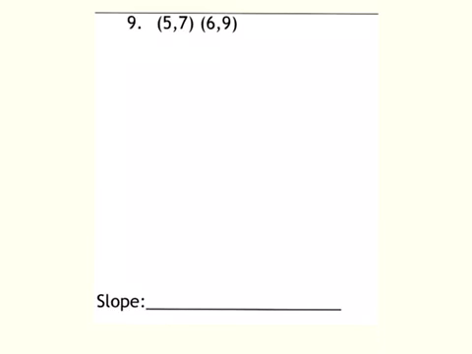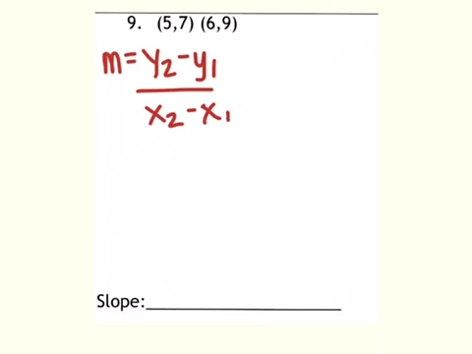So these next three should be pretty easy since we just used slope in our previous problems. So the slope equation, we're going to do m equals y2 minus y1 over x2 minus x1. Then we're going to label our ordered pairs, x1, y1, x2, y2. So now we're going to plug them in.